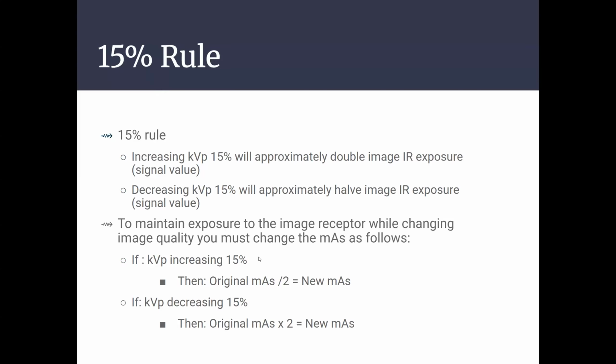As Professor Windmiller was explaining, if you increase kVp 15%, then you need to halve the original mAs to get the new mAs, to maintain the same exposure. But if you decrease the kVp by 15%, you have to double the original mAs to get the new technique.